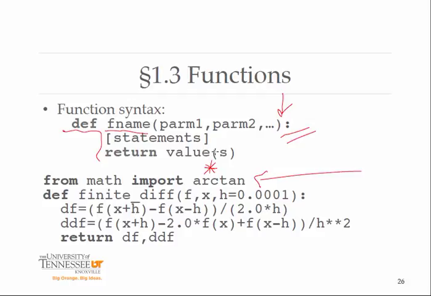And notice that you can initialize that parameter within the definition of the function very easily. So that's a very nice feature also, that you can initialize it, in this case to 0.0001. Again, close the parameter list with the parentheses, and then with a colon, start the definition of the function.